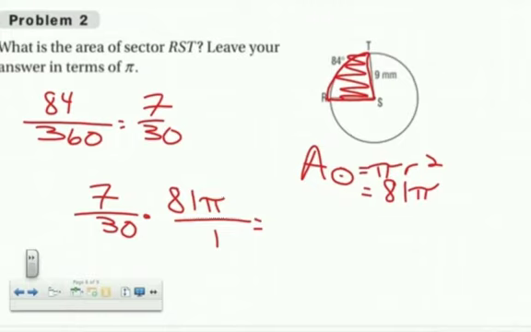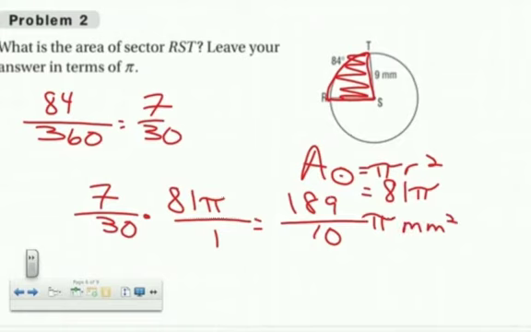Straight across the top and straight across the bottom. Like 7 over 30 times 81 over 9. Which gives us 189 over 10 pi.